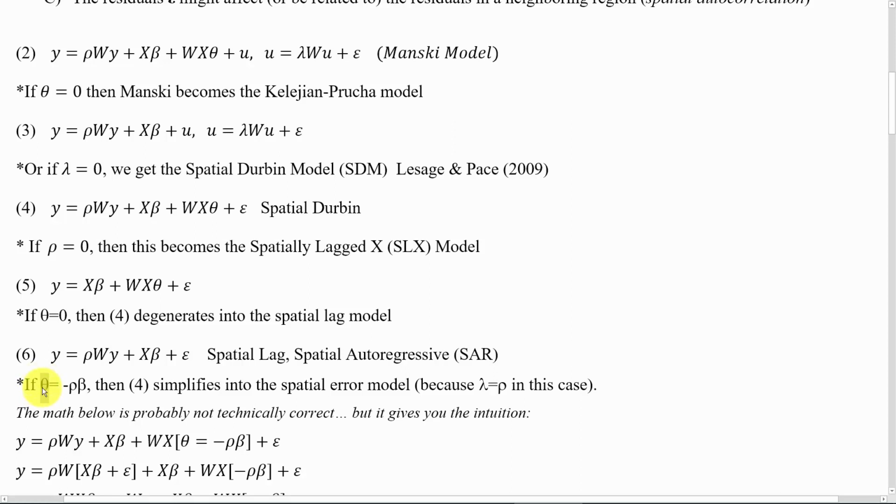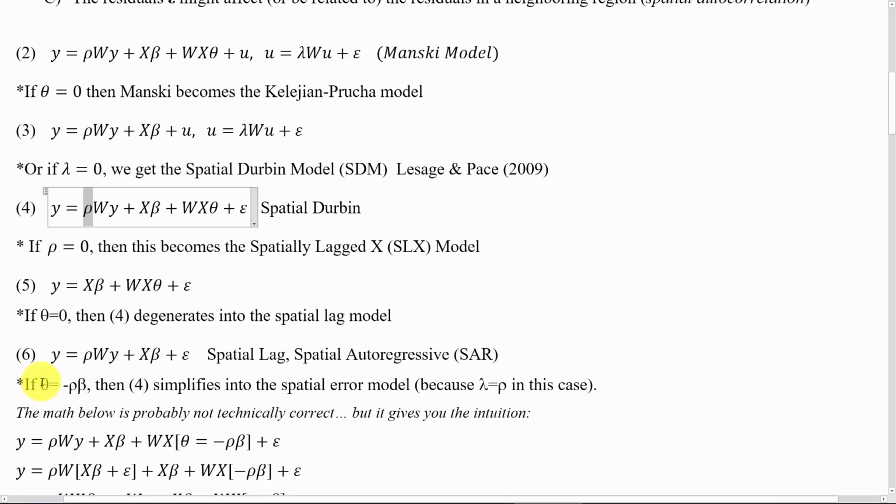If those slope coefficients happen to equal minus rho, again, what's rho? Well, rho is the strength to which neighboring values of unemployment affect our unemployment. So minus rho times beta, that's the vector of how our own explanatory variables affect our own unemployment rate.